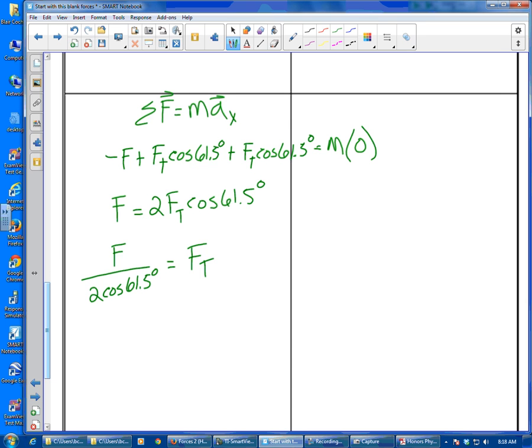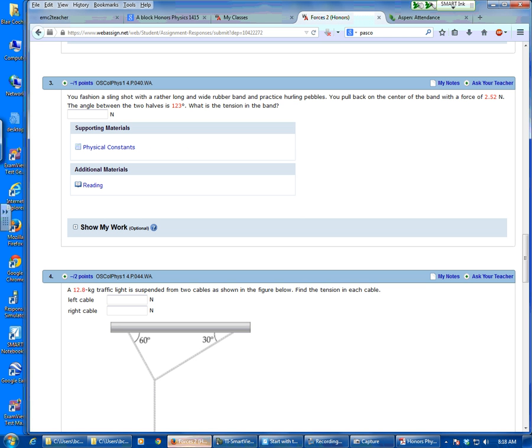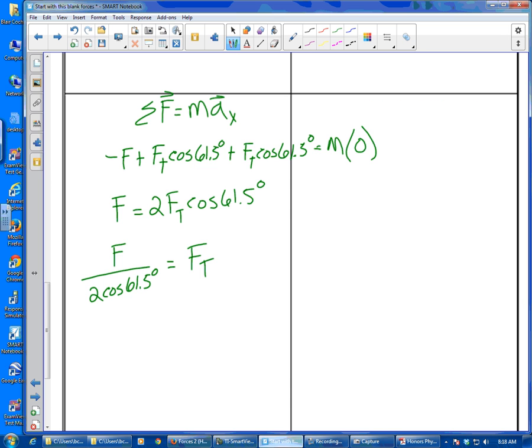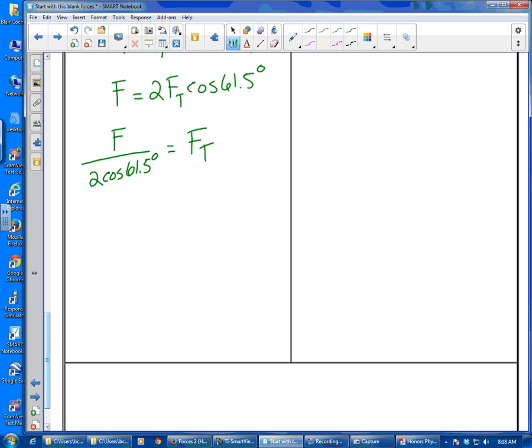And now it's just plugging in my numbers. They tell me F is 2.52 newtons. So 2.52 newtons divided by 2 cosine 61.5 degrees equals my force of tension.